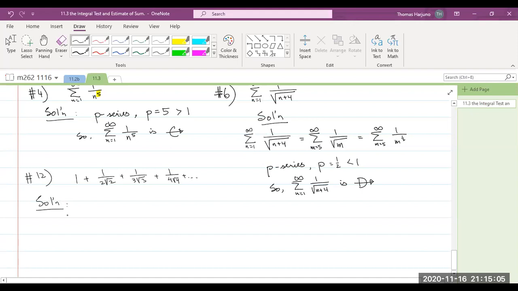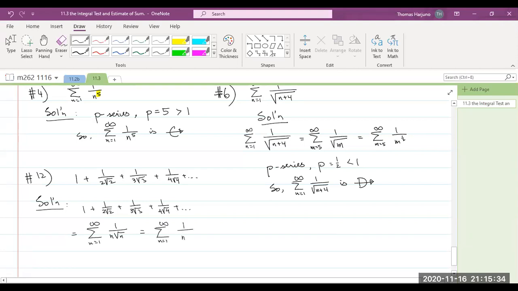Then rewrite that as 1 plus 1 over 2 radical 2 plus 1 over 3 radical 3 plus 1 over 4 radical 4. That's the same thing in summation notation, n equals 1 to infinity of 1 over n radical n. See, right?